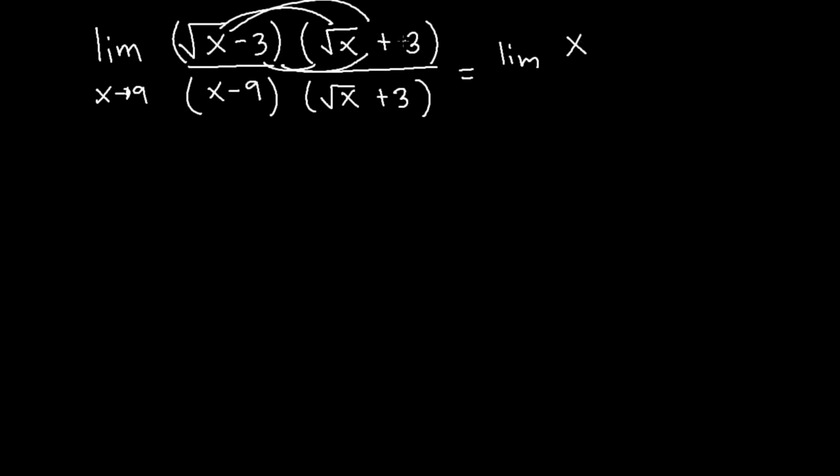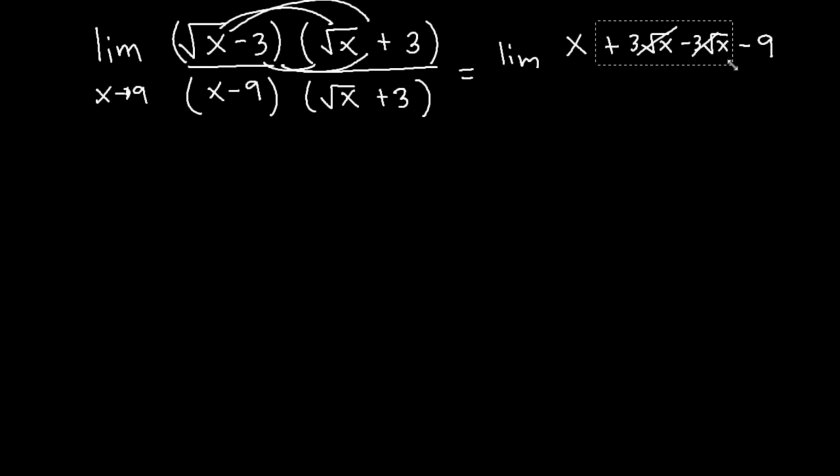Square root of x times 3 is plus 3 square root of x. Negative 3 times square root of x is negative 3 square root of x. Negative 3 times 3 is negative 9. So these two are similar but opposite in sign, so they cancel. So what remains is x minus 9.